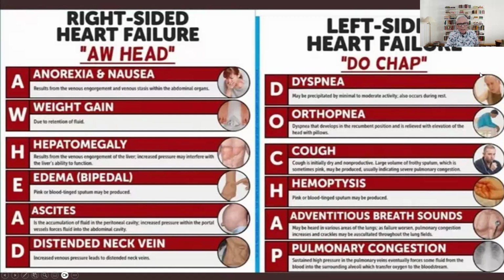For left-sided heart failure, you can remember it by the acronym DO-CHAP: dyspnea, orthopnea, cough, hemoptysis, adventitious breath sounds, and pulmonary congestion. Okay, so it might be helpful to some of you in order for you to remember those.